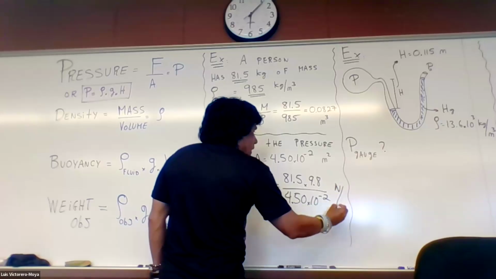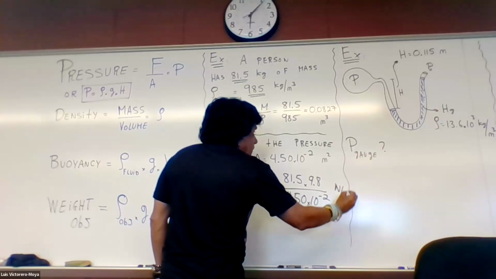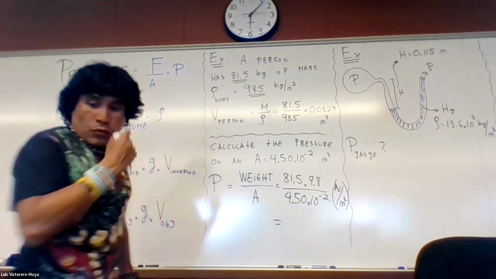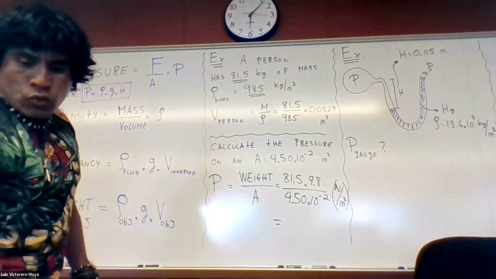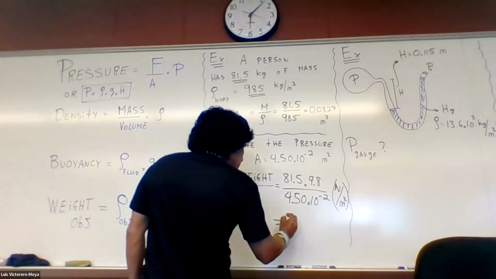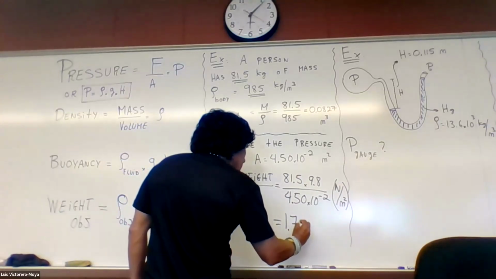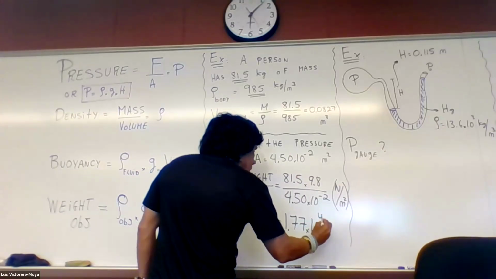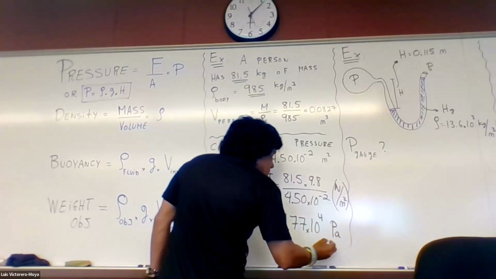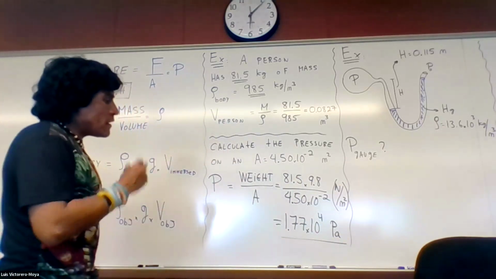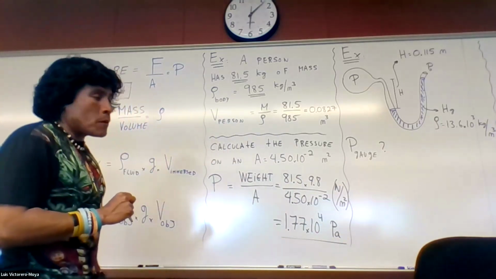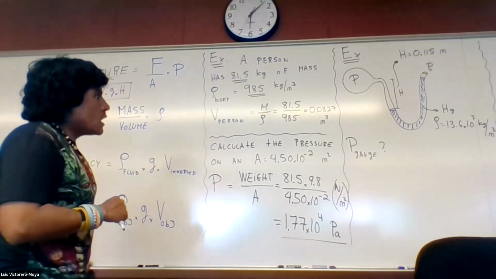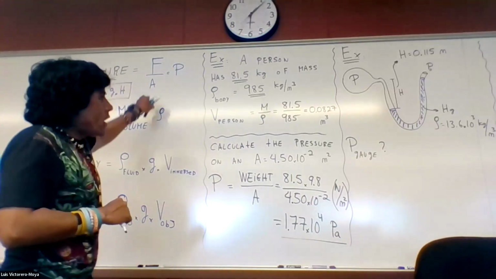Newton per meter square, that's Pascal. If you do the division, you get 1.77 times 10 to the 4 pascals. Remember, Newton per meter square is Pascal. So simple, just so you see how you can use these two equations.